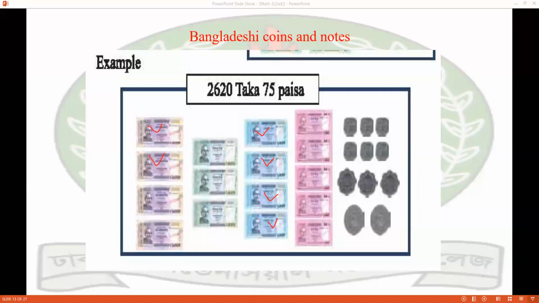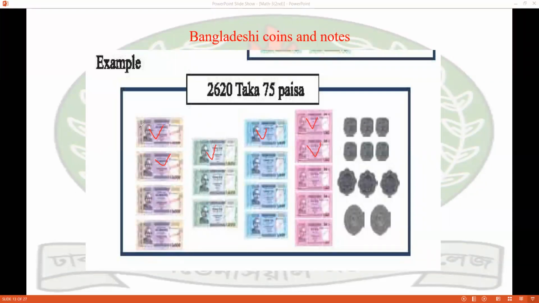So there is 2 100 notes. We can choose another way. At first we choose two 1000 notes, then one 500 note, so total 2500. Then we need 120 taka, so there will be 100 chosen from here, and then 20 taka, so there is 10 taka notes, so we have to choose two.